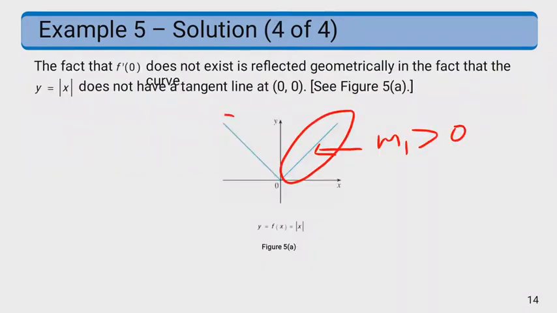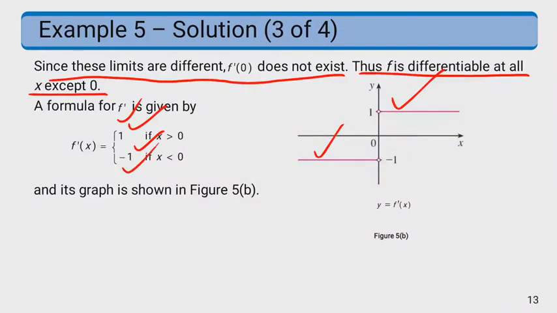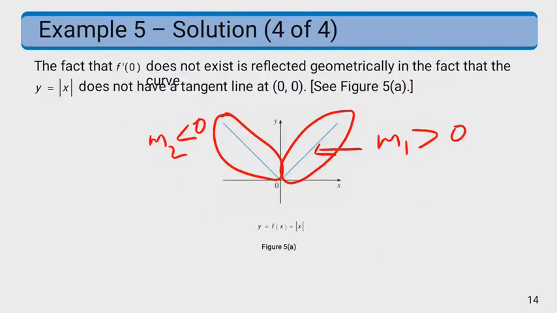And then if we have this piece which is decreasing, the slope of this line, which will be m2, will be less than 0, which is in this case minus 1. So we can have those pieces, except at 0. At 0 we said the function is not differentiable.